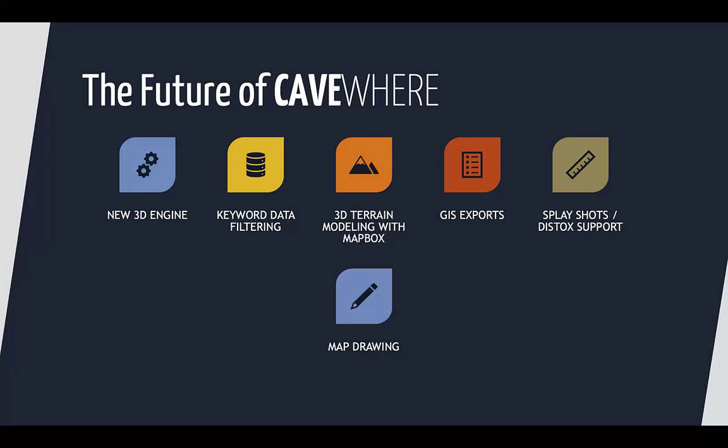That's really good for creating an export, because a lot of times when you're exporting things, different layers currently get in the way, and the keyword filtering will fix that problem.